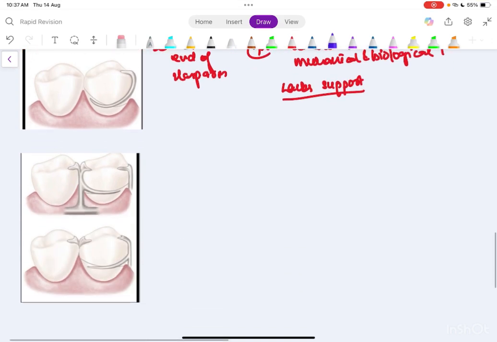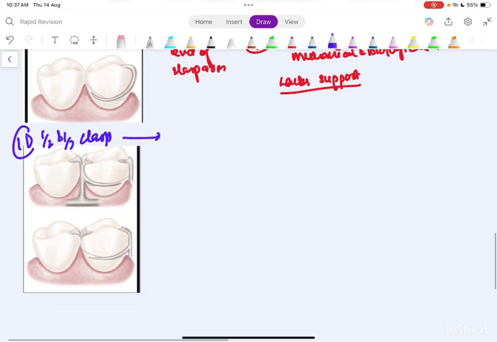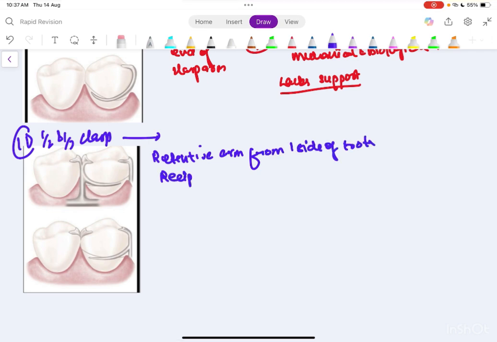Then coming on to the last one, this is tenth, half and half clasp. Now in this half and half clasp, basically there's the retentive arm from one side of the tooth and reciprocal arm from the opposite side of the tooth in the other direction.